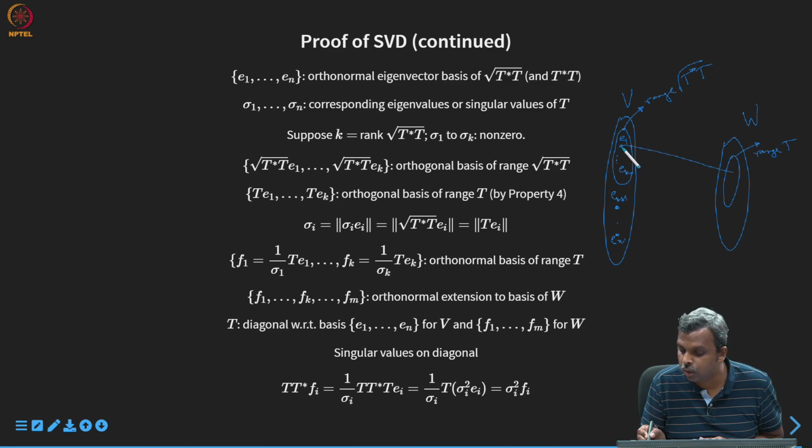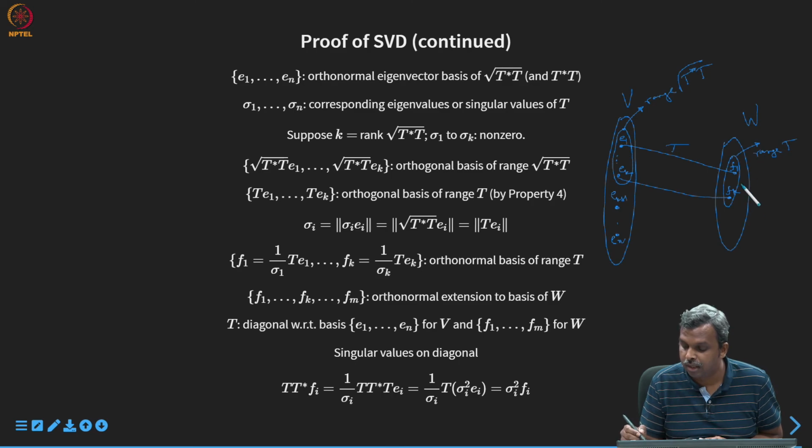You have range T here. E1 goes to F1, all the way till Ek going to Fk, and then all these other vectors under T go to 0.